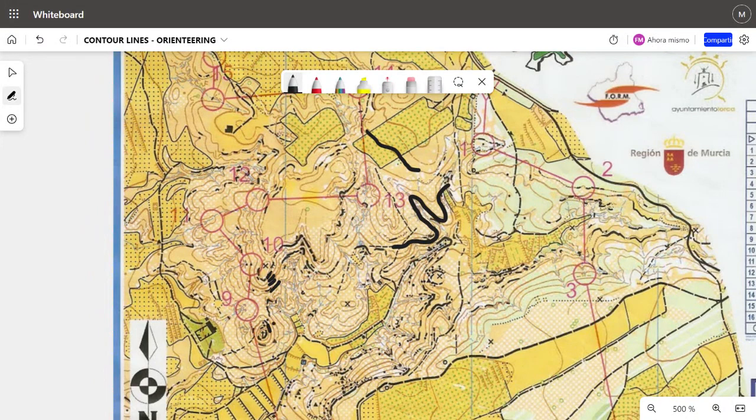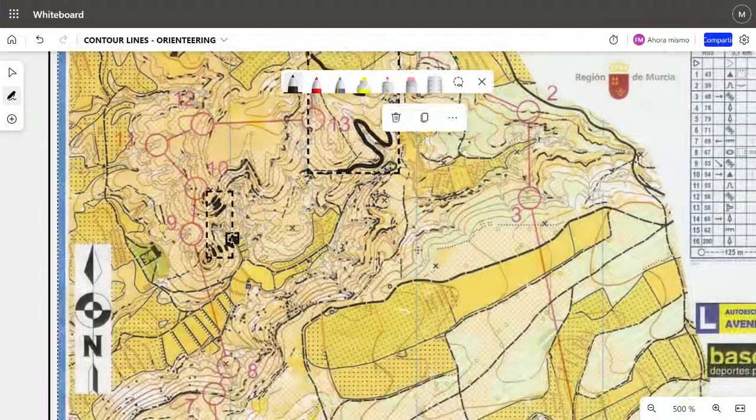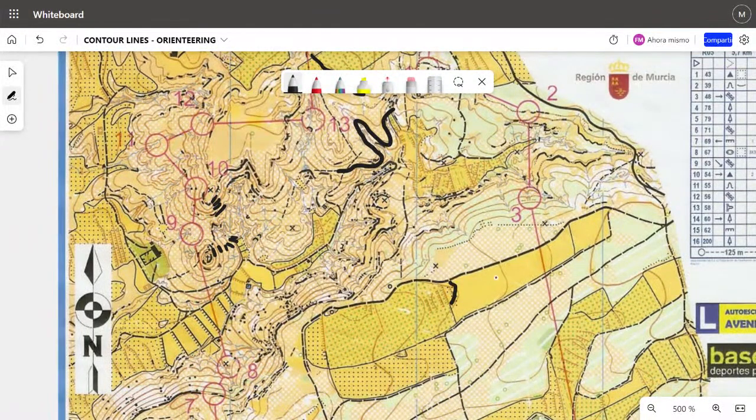So it means that the slope, la inclinación, the gradient of the mountain is very high. And in other parts, as we can see here, they are very far one from another. Can you see? It means that this part of the reality is more flat. It hasn't got so much slope.